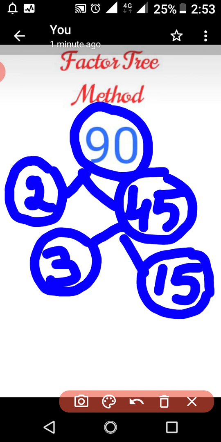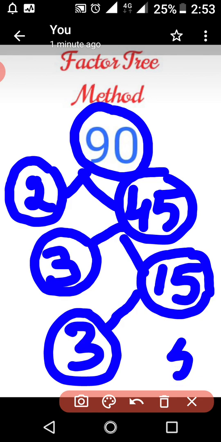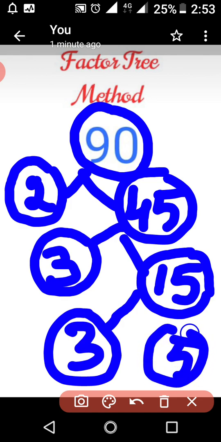Now again we are going to check prime factors for the 15. 2 is not divisible. 3 again it is divisible. So 3 5s are 15.